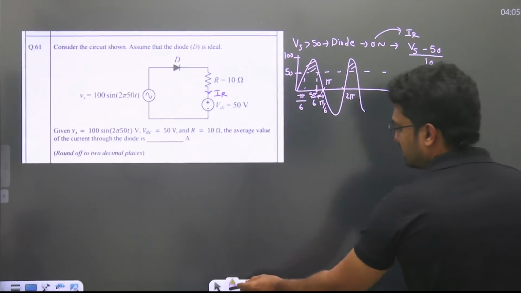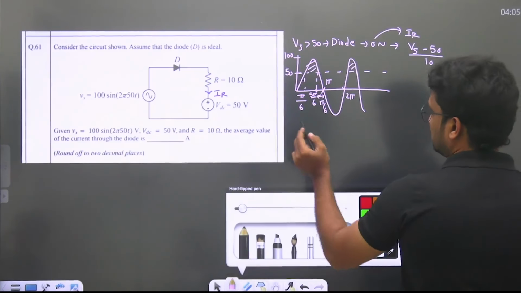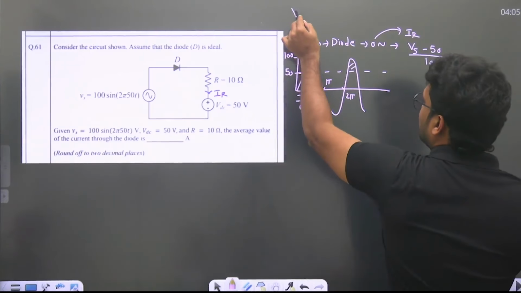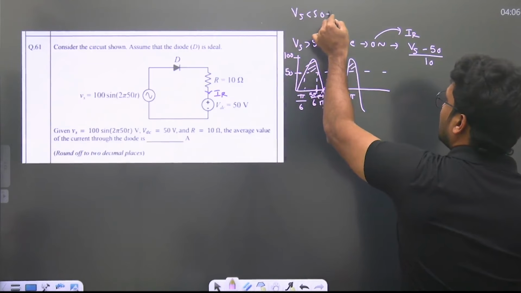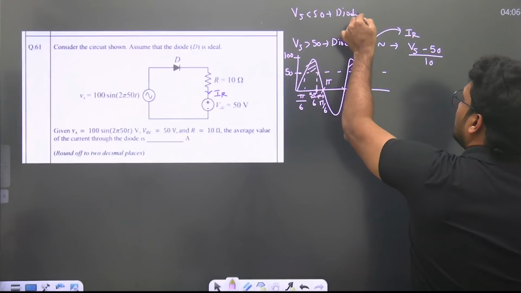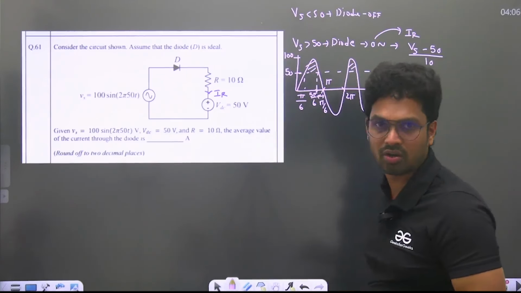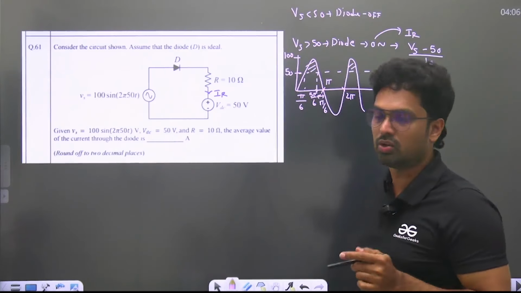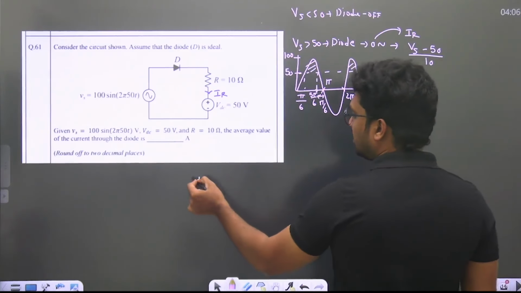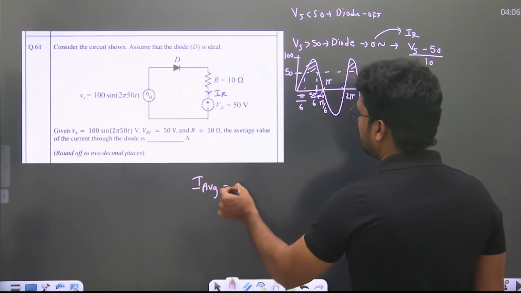Okay, I will write like this. When Vs is less than 50, definitely diode will be off. So during this period, my diode is getting on. So at that time, what is my average value? So for the average value, what is the time period it is going to?